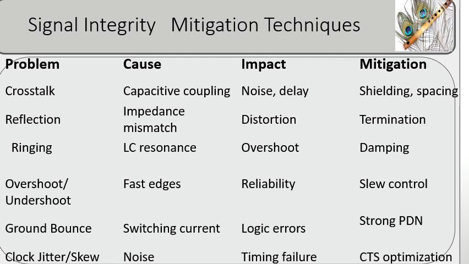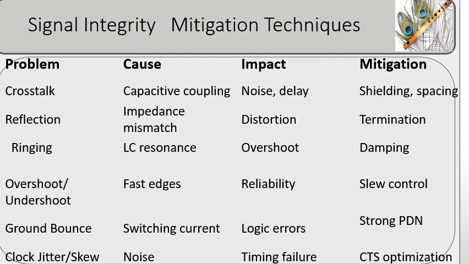Signal integrity issues cannot be eliminated completely, but they can be effectively controlled through careful physical design. Designers reduce cross-talk, reflections, ringing, and clock-related disturbances by optimizing interconnect routing, spacing, shielding, buffering, and clock distribution.